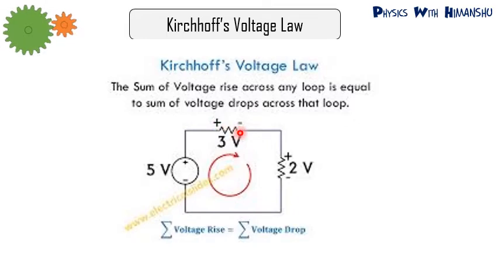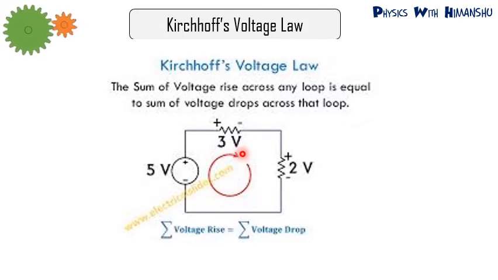Suppose in this resistance the drop is 3 volt, and in this the drop is 2 volt. So if we'll see, the total increase in voltage is 5 volt and total decrease is 3 plus 2, 5 volt. So always remember, in any closed electric loop, total increase in voltage will be equal to total decrease in voltage.